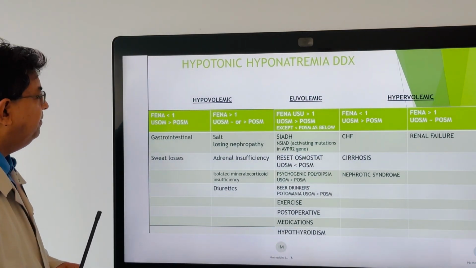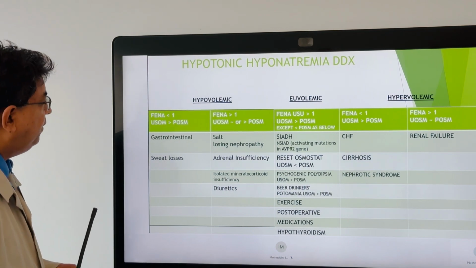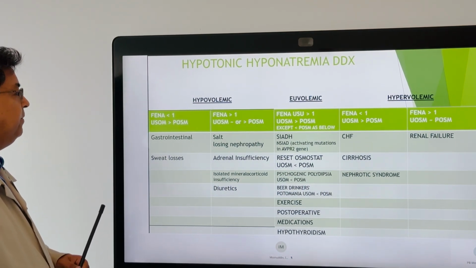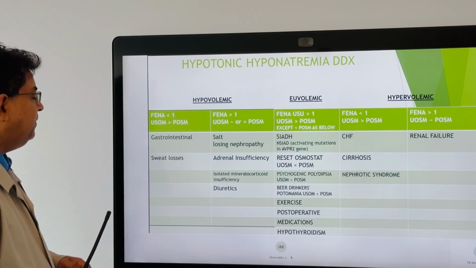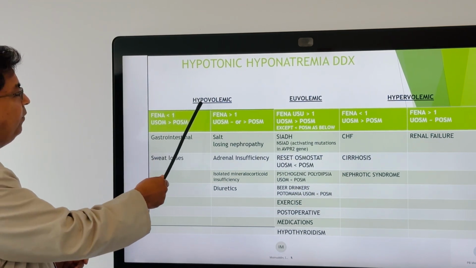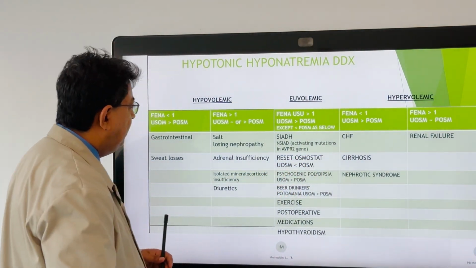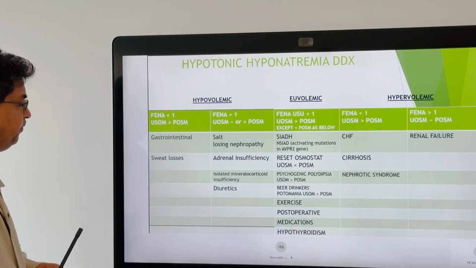Let's talk about the differential for hypotonic hyponatremia. Like we discussed, you can break it down into hypovolemic, euvolemic, or hypervolemic hyponatremia.